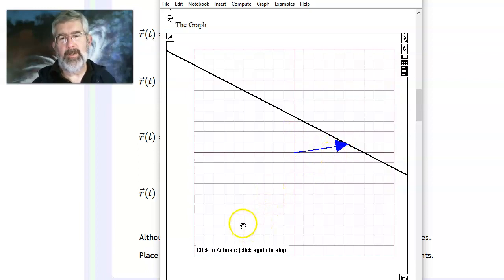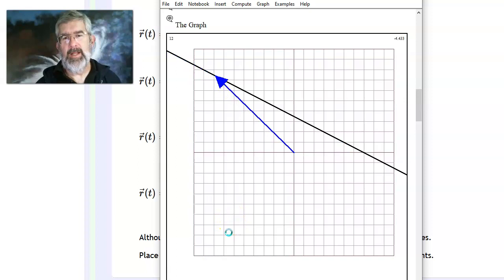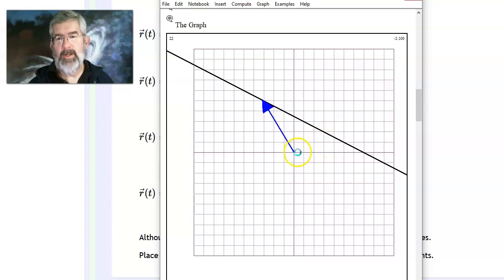When I click on this, you'll see it runs through values of t from, I think, -7 to 7. All of them have the initial point at the origin and terminal points out on that line somewhere. The software just hung up, but you can see how it traced out from one end to the other.